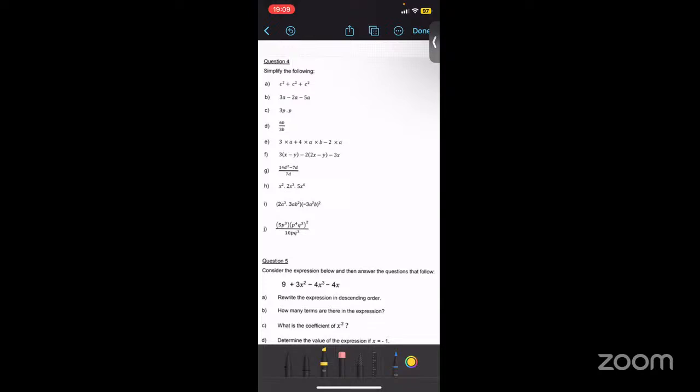Manahil, how would you do this one? Ma'am, what number are we doing? You're on this one over here. Ma'am, can I calculate? Yes, you can. Manahil, what is the first thing you're going to do when you have c squared plus c squared plus c squared?